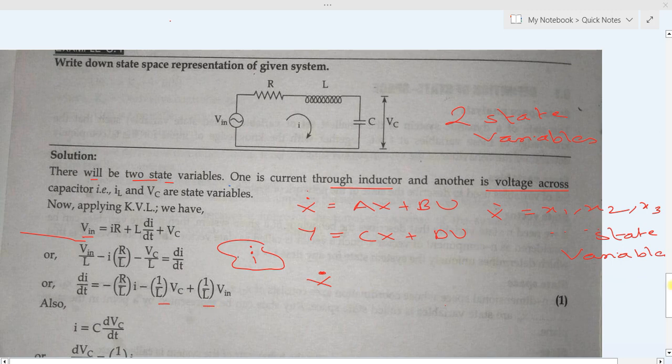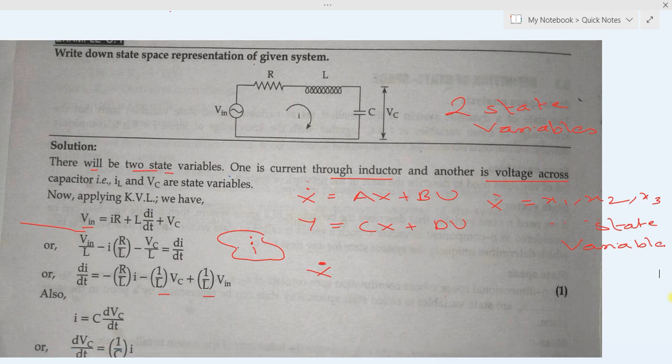Now similarly, applying KCL, Kirchhoff's current law, we get that the current flowing through the capacitor can be expressed as I equals C dVc/dt. For the state equation, what do we have to calculate?